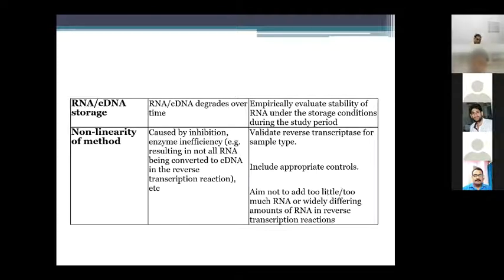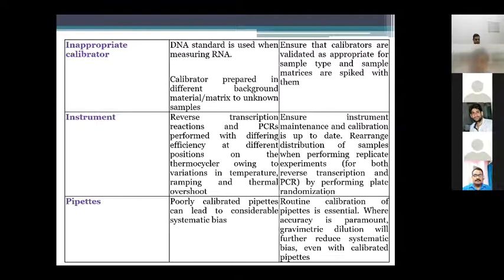So you must keep in mind that during cDNA synthesis, each and every time you go for the NanoDrop reading, then after that you go for the calculation and the cDNA production. Inappropriate calibration: a DNA standard is used when measuring the RNA, and the calibration is prepared in a different background material matrix to the unknown sample.